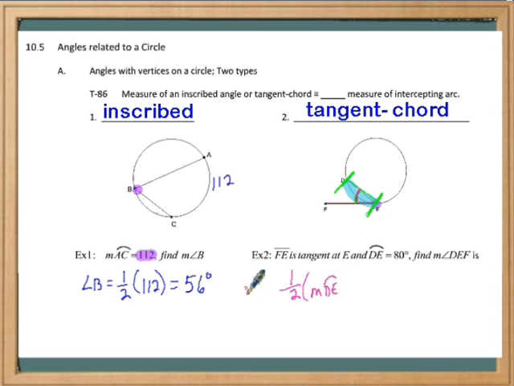So the measure of angle E is going to be 1/2 of 80 degrees, and so the measure of angle E is 40 degrees.